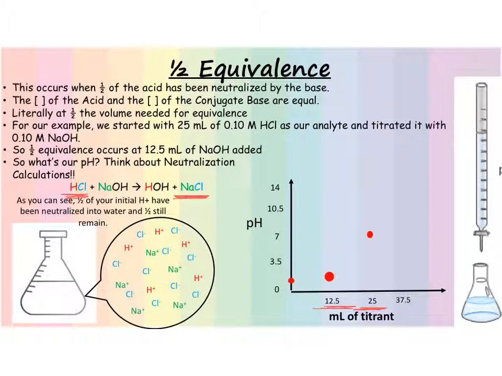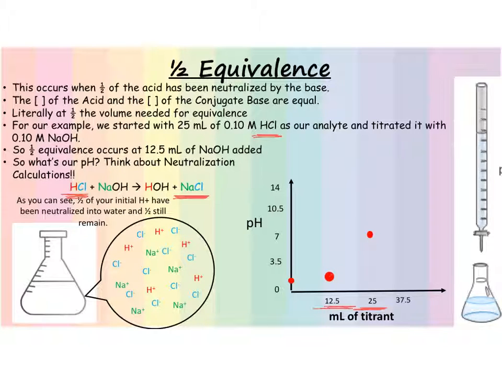If we were to calculate this, essentially what's going to happen is you're going to have 12.5 mL of the HCl left over that has unreacted. And so you find your concentration there of your H+, and then you get your actual pH for that value. Okay, so far this is what we've got for our titration curve.